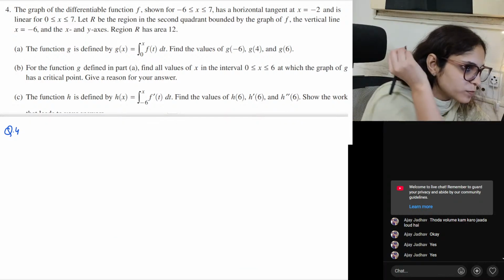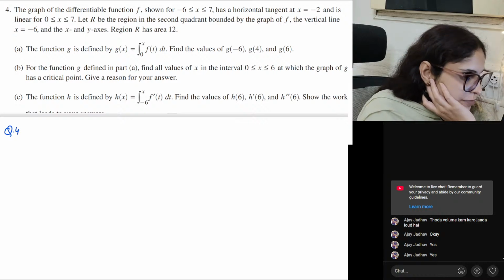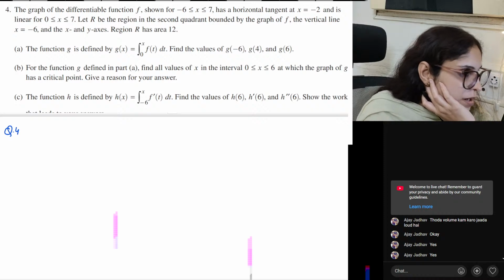The graph of the differentiable function is shown for negative 6 to 7. It has a horizontal tangent at x equals negative 2, and it is linear for 0 to 7.